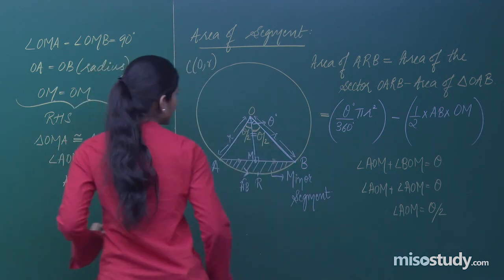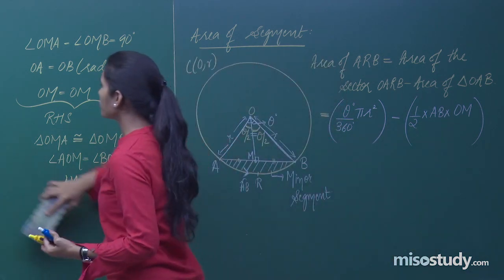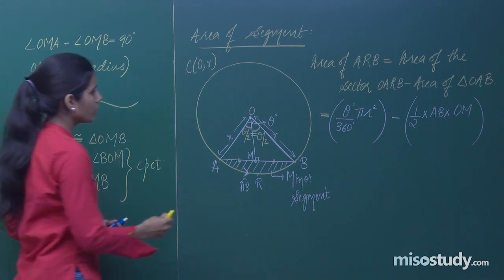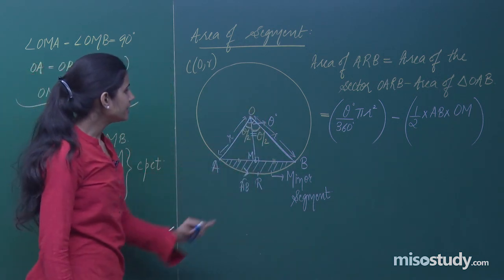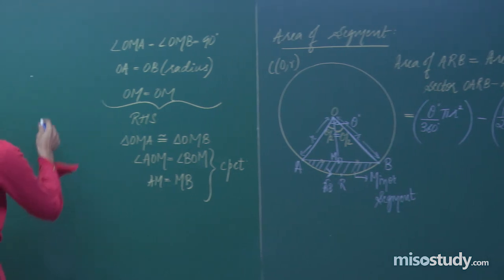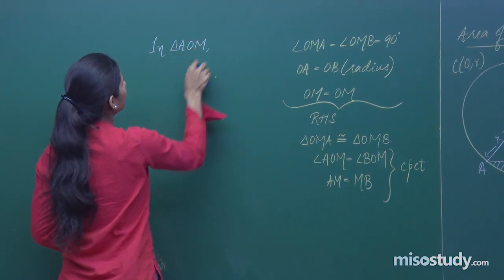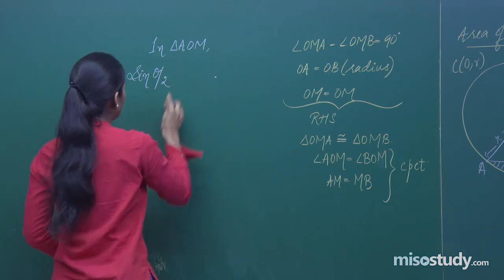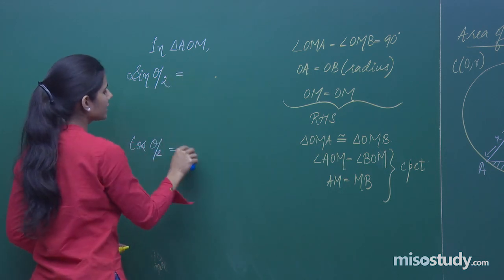Now that I have these angles measurement with me as theta by 2, focus upon the triangle AOM. If you focus upon this triangle AOM, this is a right angle triangle. What is sine theta by 2? In triangle AOM, I am wishing to compute sine theta by 2 and cos theta by 2. I can do that in a right angled triangle.